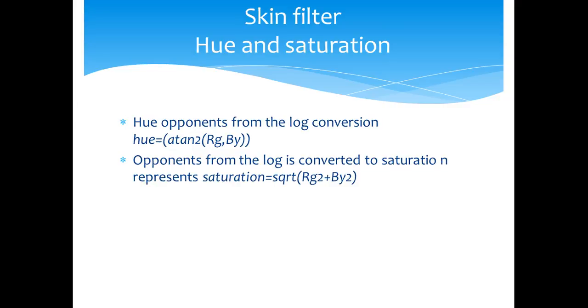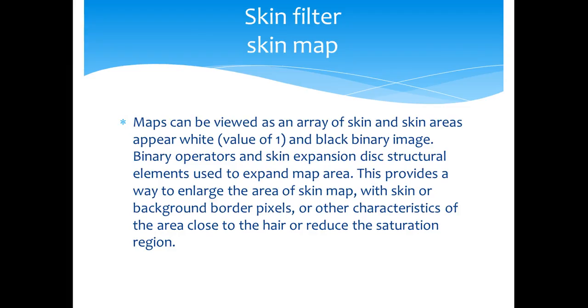Hue and saturation are used to choose those areas matching skin color. Restrictions will only use multiple texture, hue, and saturation. Then we finally get the skin map we need.